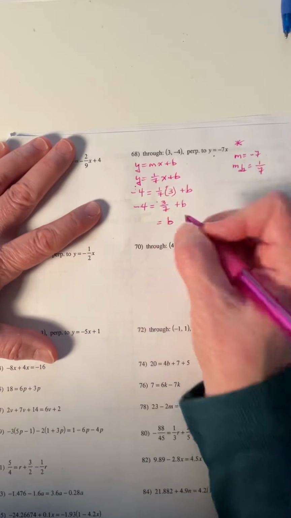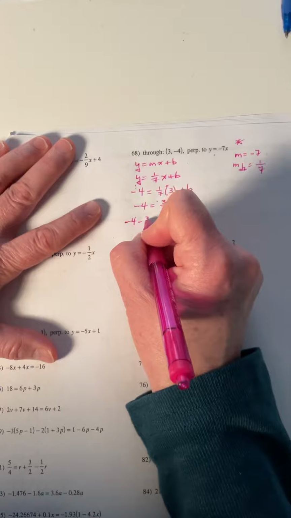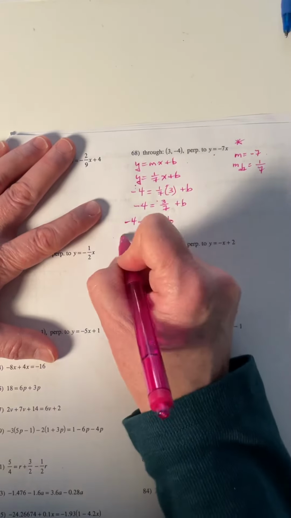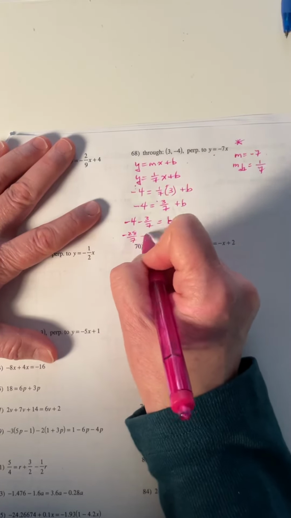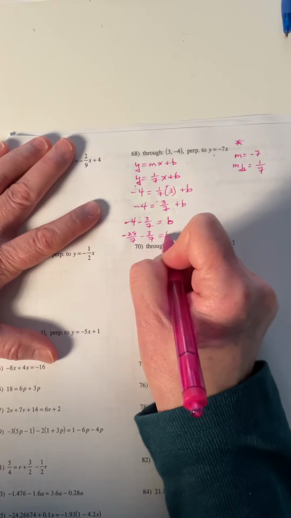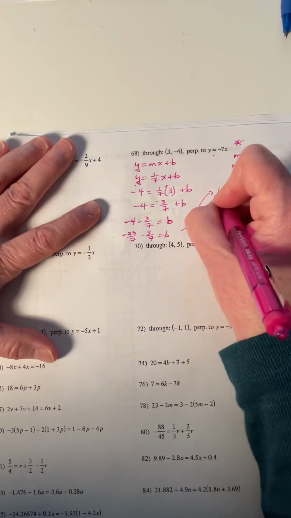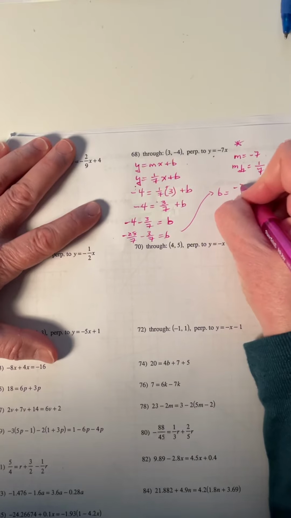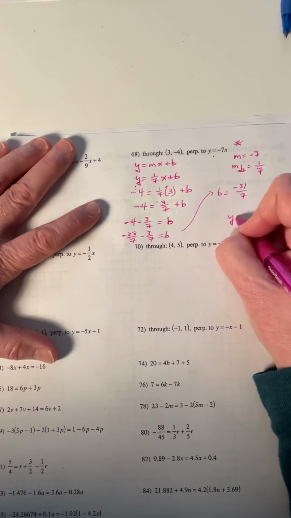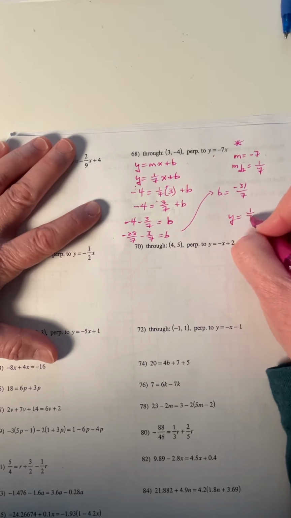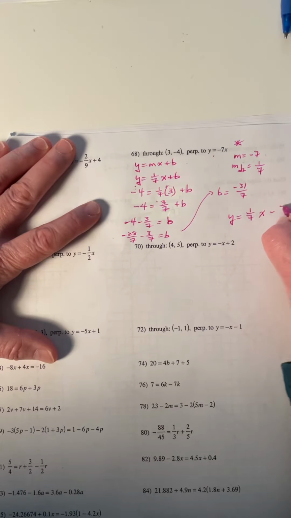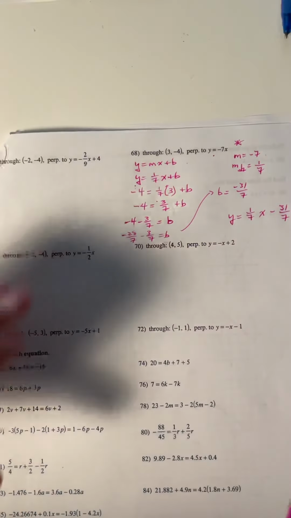So b equals negative 4 subtract 3 over 7. Common denominator here. And b should be negative 31 over 7, which means the equation is 1/7 x minus 31 over 7.